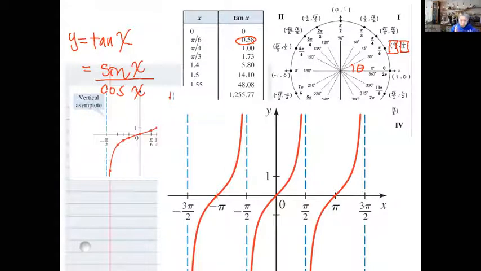Because you can consider one period from here as from negative pi over 2 to positive pi over 2. If we consider this horizontal distance as one period, then it's 2 halves of pi, which is 1 pi. So one period of tangent is pi here.